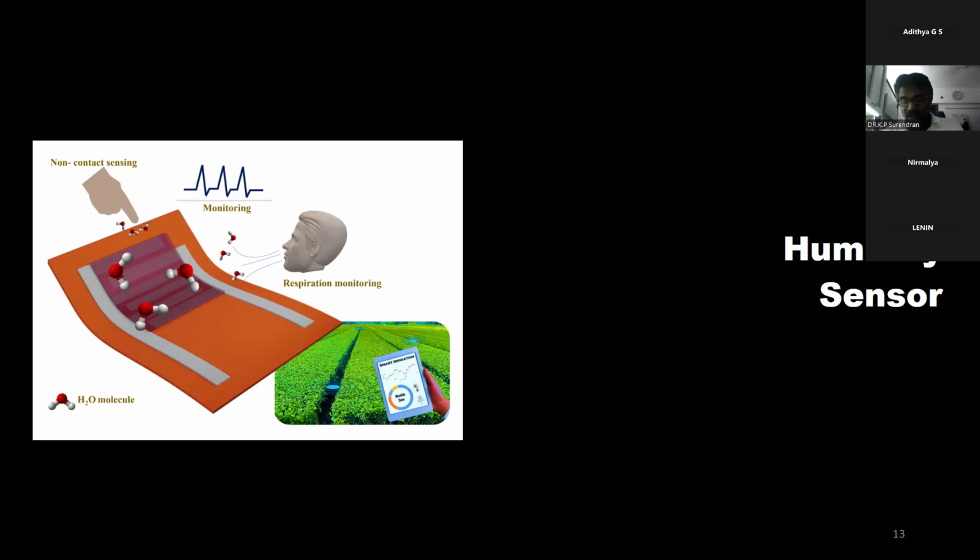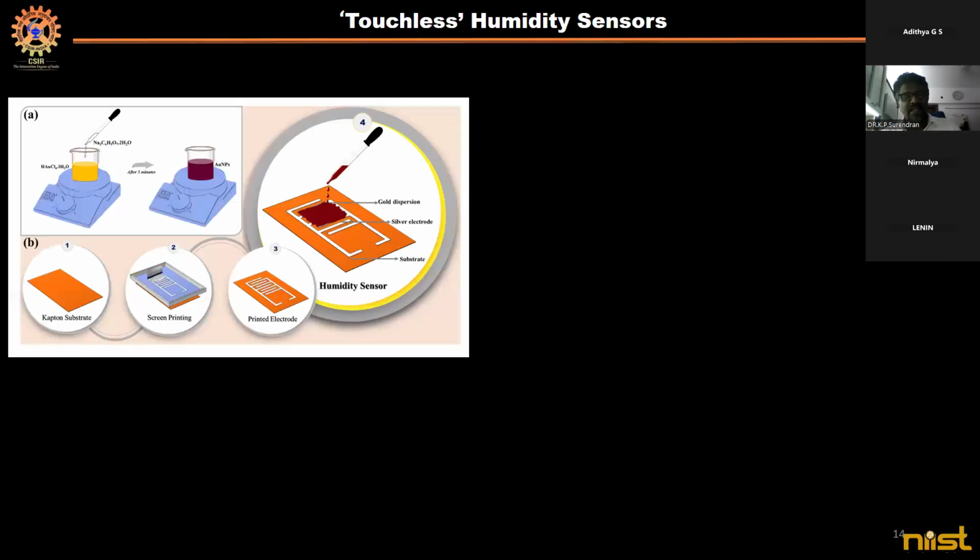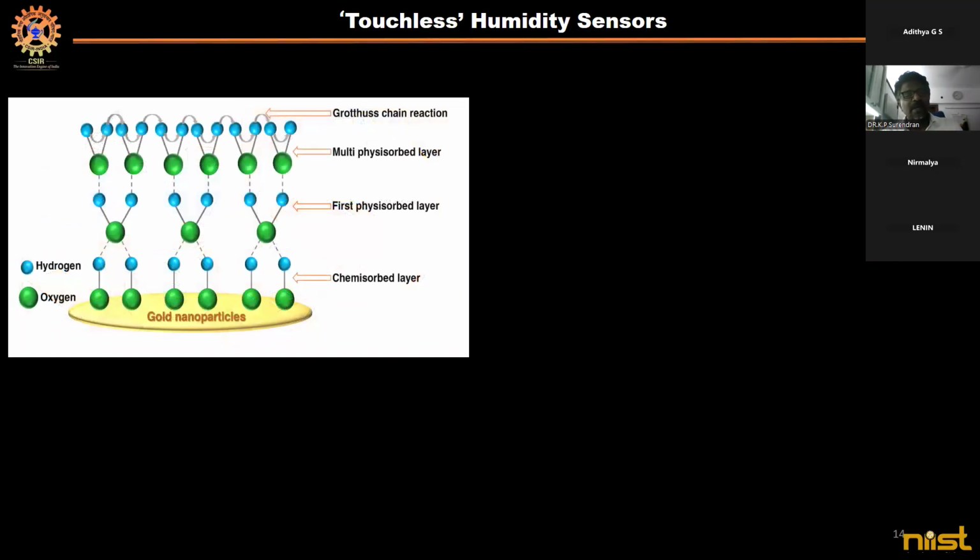Sorry. So what happens is that we made certain sensors, and these sensors are made from gold. Gold has a peculiar mechanism called the Grotthuss mechanism, where when gold is in contact with atmospheric air, water molecules get condensed on top of it, and that process creates some kind of electron exchange between the gold surface and the water molecule.